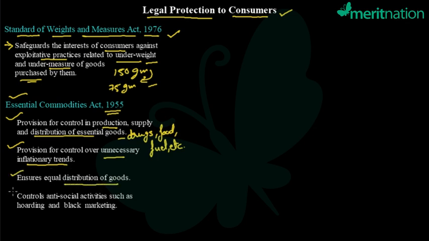And finally, it controls anti-social activities such as hoarding and black marketing. So we can say that the Act provides protection from any unnecessary price increase, and also protects the consumers against exploitative practices like hoarding and black marketing.